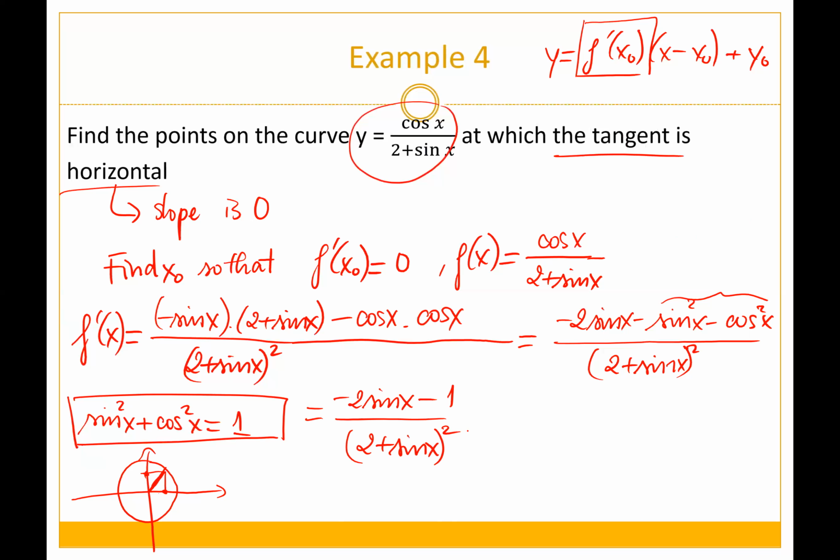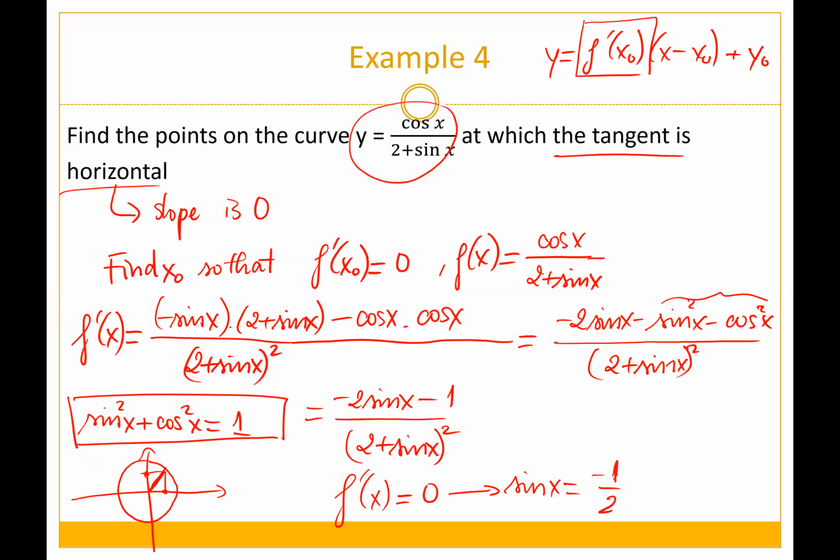Now, from here, we have to set f prime of x equal to 0 and find what x is. I'm not going to go too deep into solving the equations. I'm just going to solve the numerator, finding where sine x equals negative 1/2.